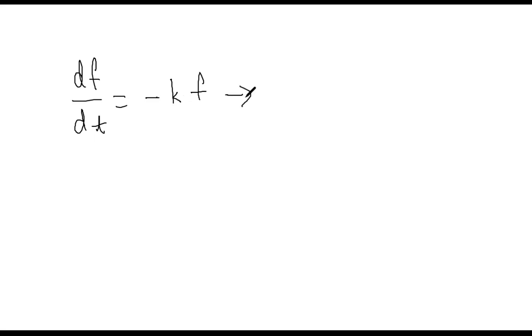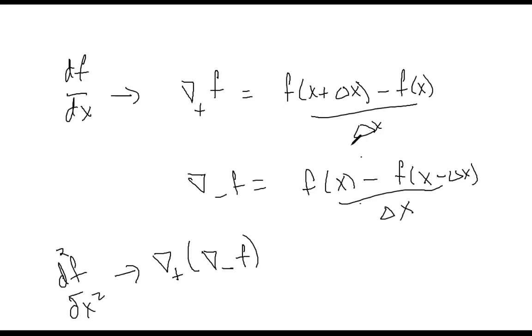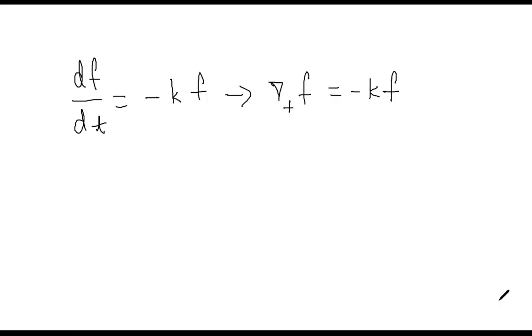And we're going to replace that with del plus on f in this equation. Now, if we solve this equation, there's no calculus really here because there's no real derivative. You only get a derivative if you take the limit as delta t goes to 0. But we can't really do that. This is not a differential equation. This is really just an algebraic equation, although it may look very complicated.